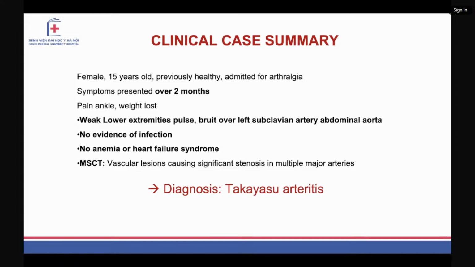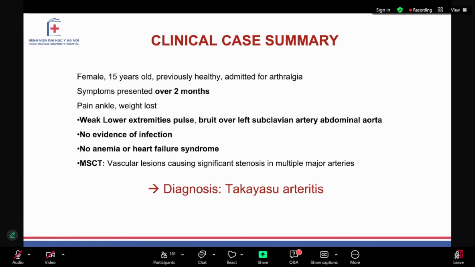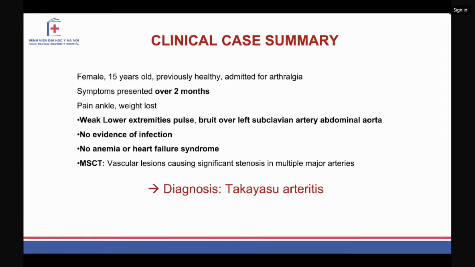Importantly, there was no evidence of infection, and she had no sign of anemia or heart failure syndrome. Further imaging using MSCT showed vascular lesions with significant stenosis in multiple major arteries. So this case emphasizes the importance of early detection, as vascular involvement can progress quickly in pediatric patients.